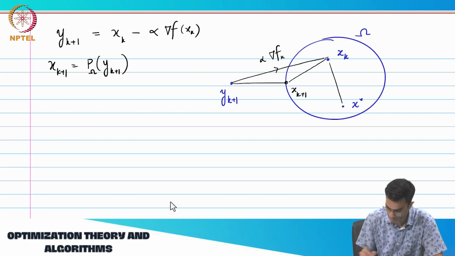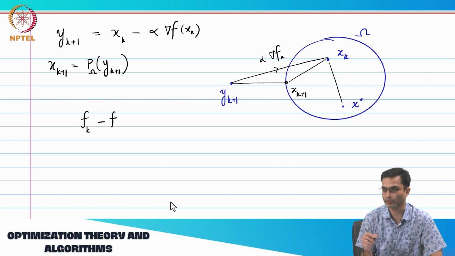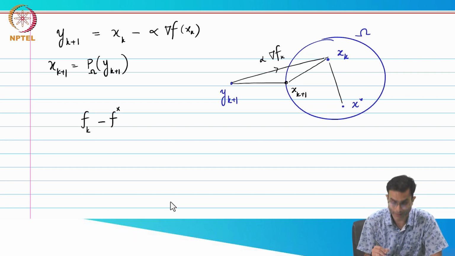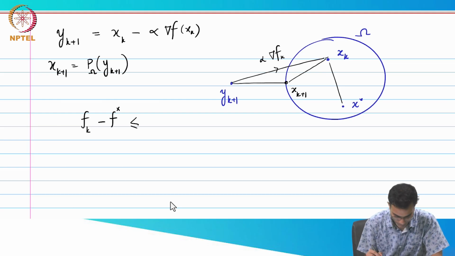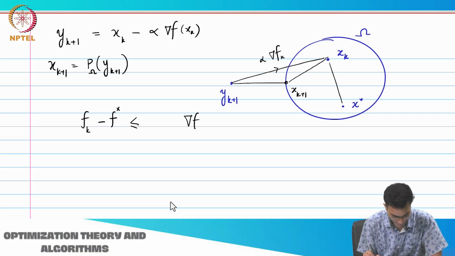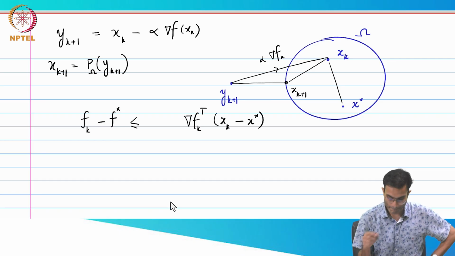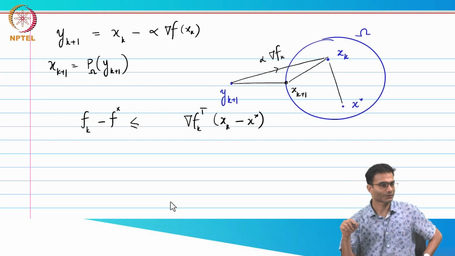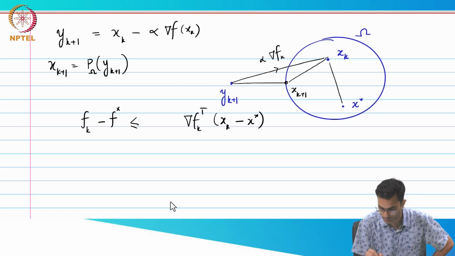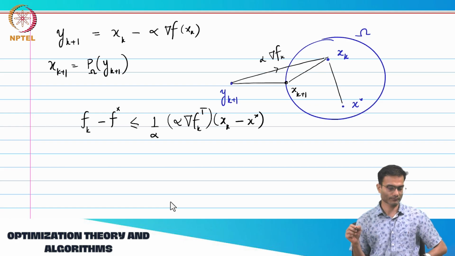in shorthand notation, I'm just going to write the previous inequality with f k for f of xk and f star for f of x star. I had grad f k transpose times xk minus x star. I'm going to multiply and divide by alpha so that all the terms appearing on the graph also appear here.